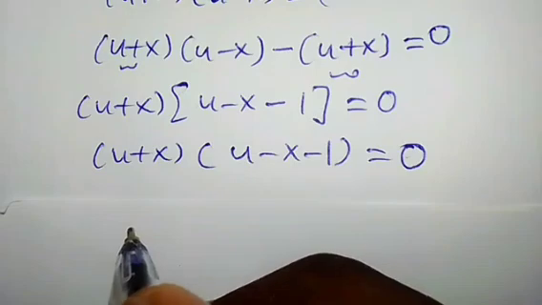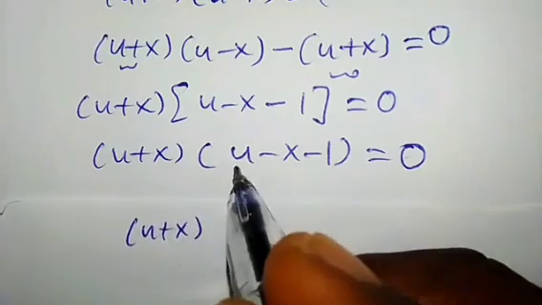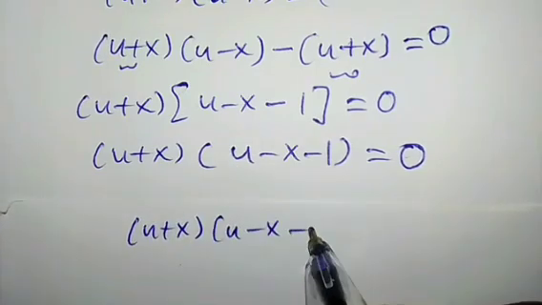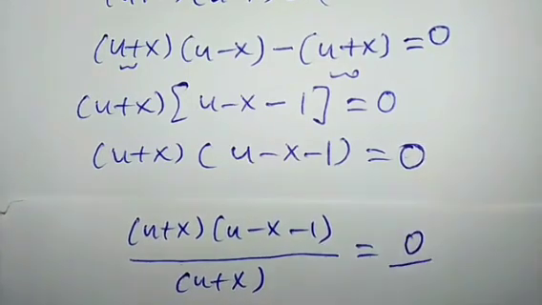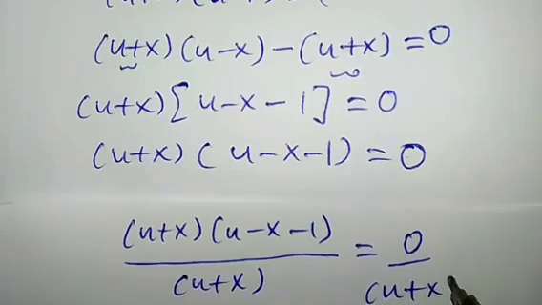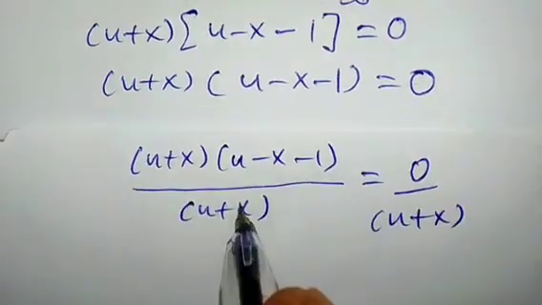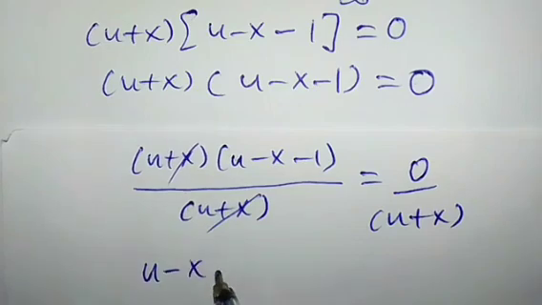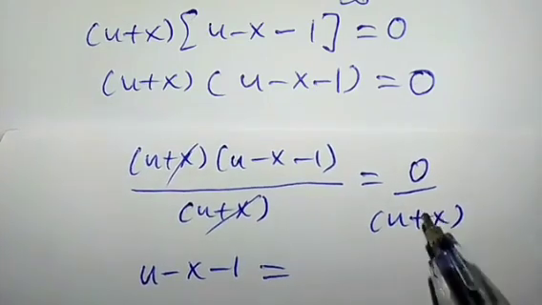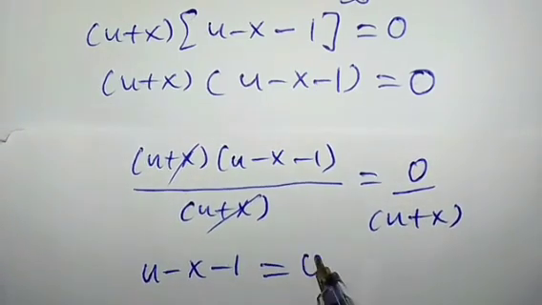So we are going to have u plus x times u minus x minus 1 over u plus x equal to 0 over u plus x. Clearly, u plus x cancel each other, so we are left with u minus x minus 1 equal to 0 over u plus x, that is 0.